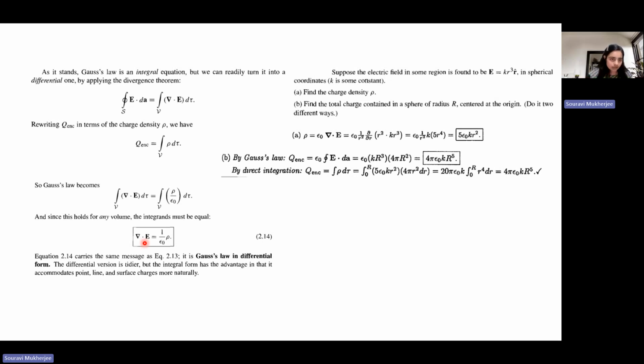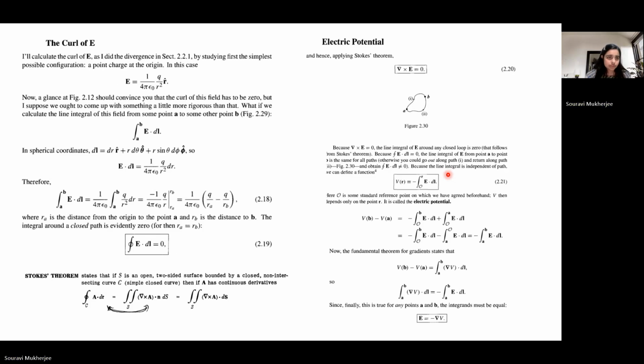So this law gives us a measure of the divergence of the electric field. There were many questions where, if the electric field is given, you want to know the charge density or vice versa, and we can use this relation to solve such questions. So there were many questions one can do based on Gauss's law. That was about the divergence of the electric field.